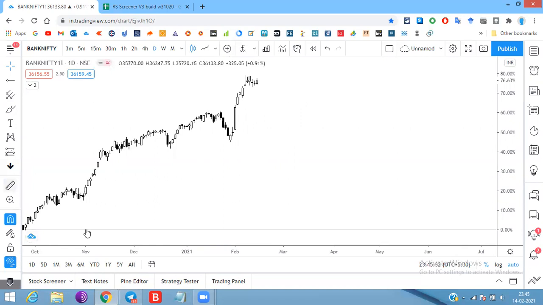Okay, and when this horizontal line touches the closing of this line, accordingly the returns will change. So right now, according to ARS levels, we can see from 24th of September, Bank Nifty has given us a move of 80%.